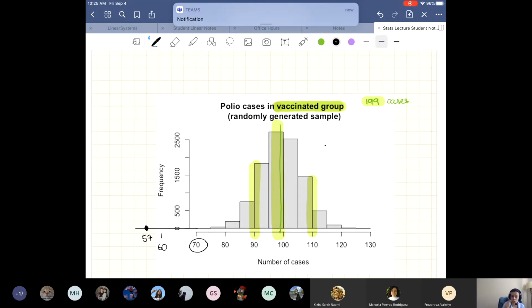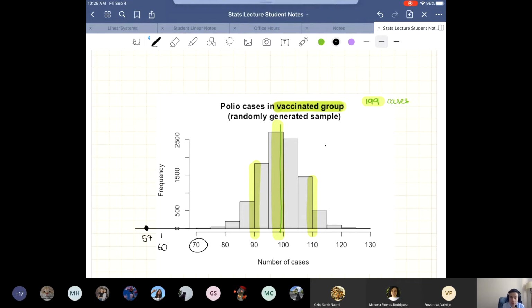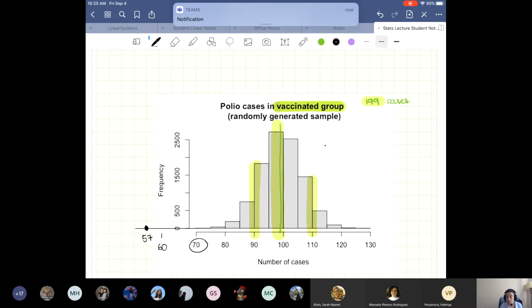All right, I'll take your question in just a second. First, let me ask you a question. How likely is it that we observed 57 in the first group? Essentially zero, right?